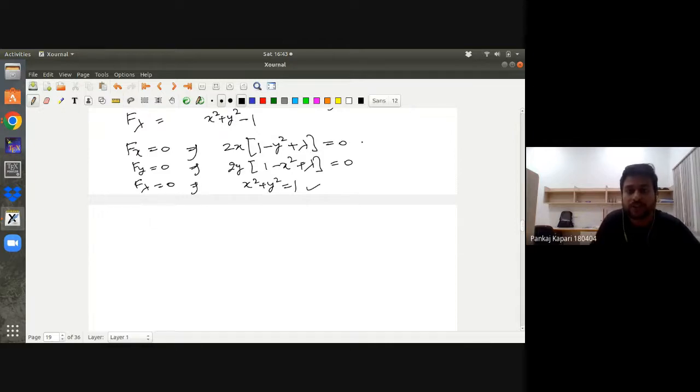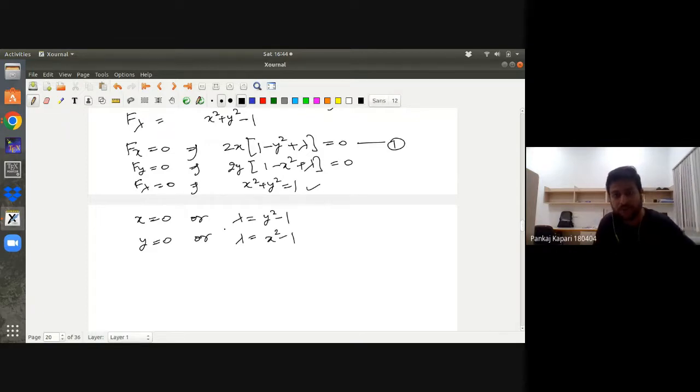So consider the first equation. The first equation gives either x is 0 or lambda is equal to y square minus 1. And the second equation will imply either y is 0 or lambda is equal to x square minus 1.